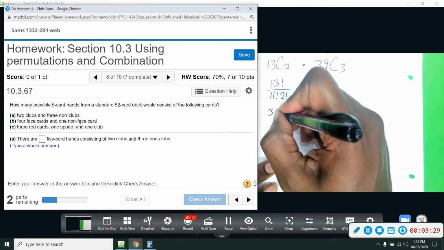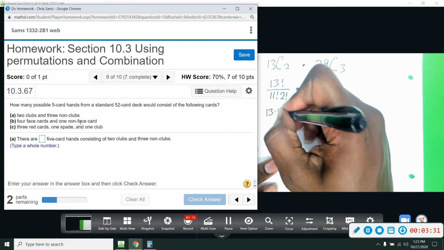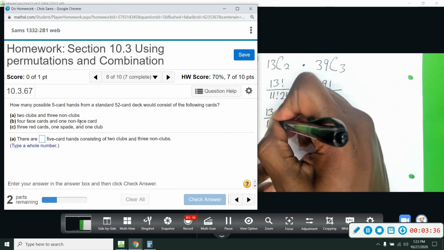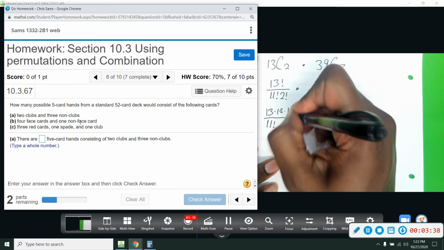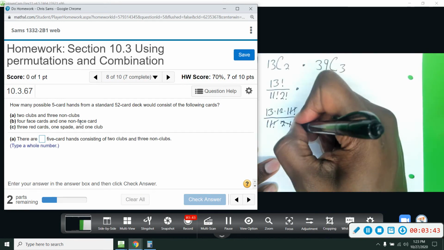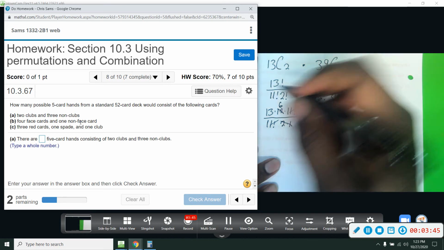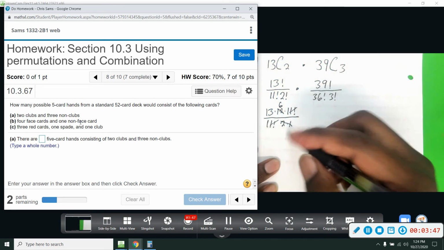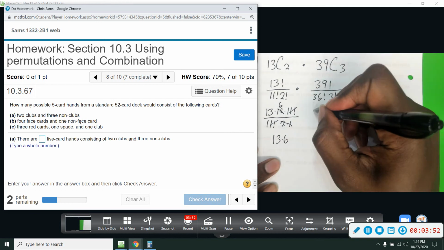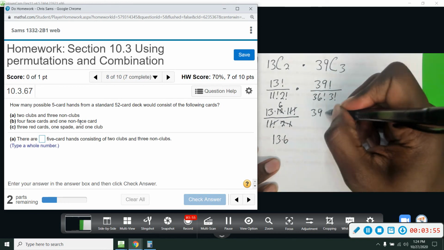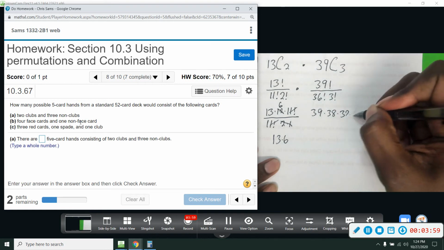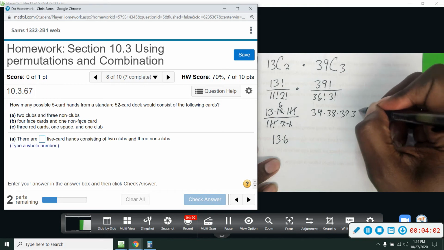So we get 13 times 12 times 11 factorial. I'm going to stop. The 11 factorial is going to go away. And then we have the 2 times 1, which will reduce and become a 6. So we just have 13 times 6 right here. Over here we have 39, 38, 37, 36 factorial.